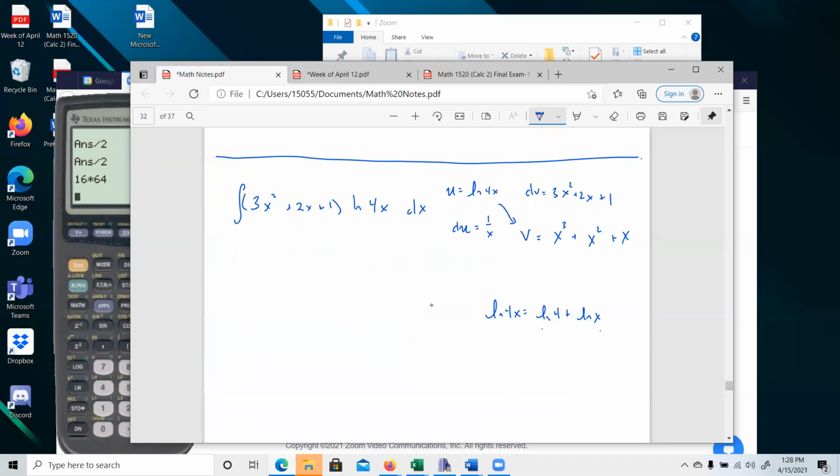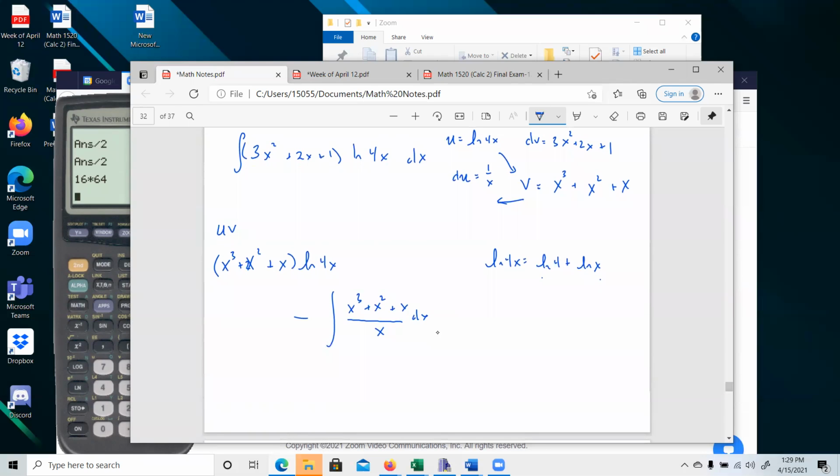All right, so integration by parts, right? It's uv minus the integral of v du. So here's my uv, and that is x cubed plus x squared plus x times natural log of 4x, minus the integral. And then what we're going to have here is x cubed plus x squared plus x divided by x.